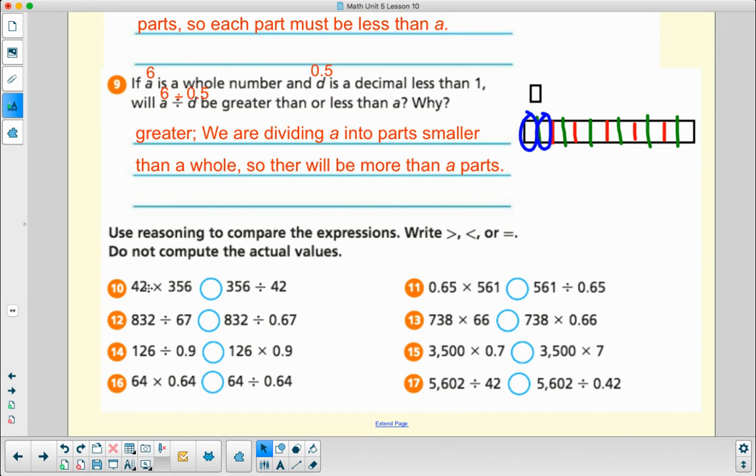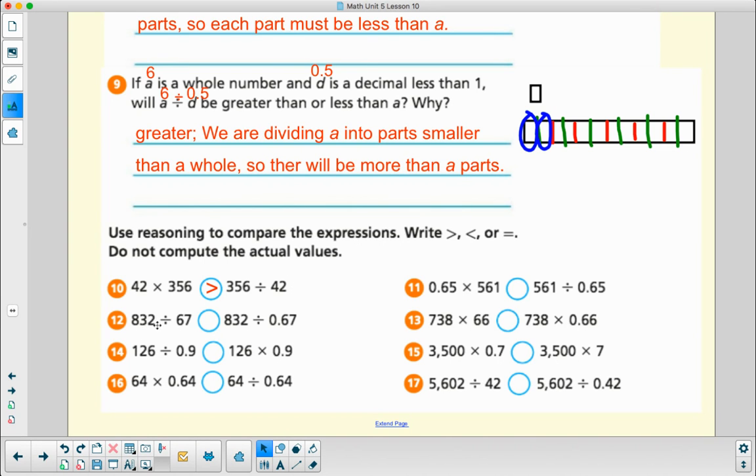Is multiplying 356 by 42 going to be greater than or less than dividing 356 by 42? It is going to be greater because I have more than one group of 356 here, and I'm breaking 356 into groups more than one in a group.